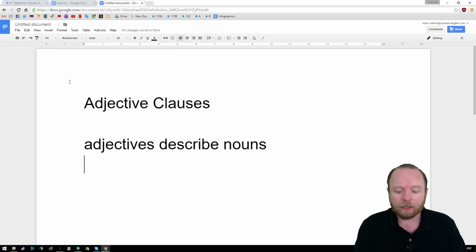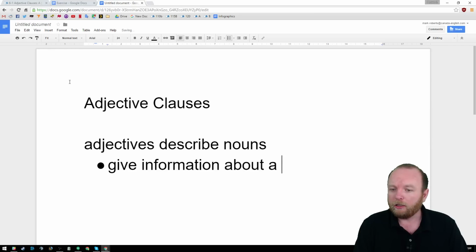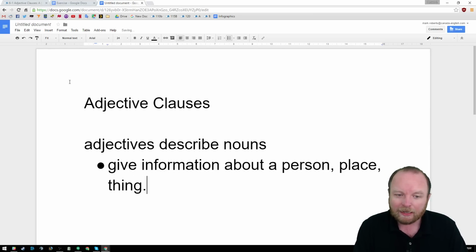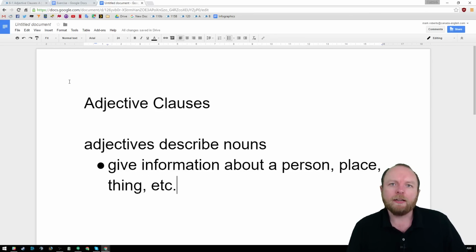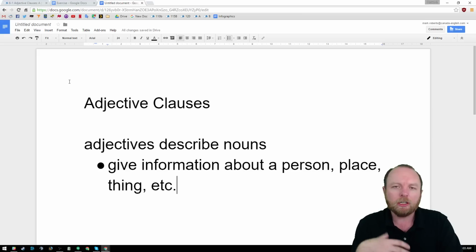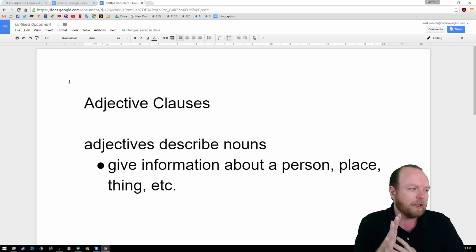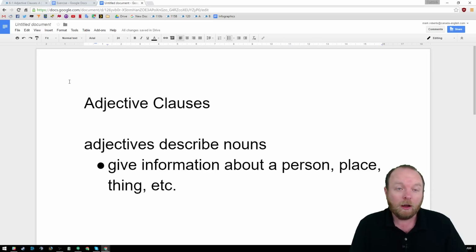They give information about a person or a place or a thing, etc. So you guys probably understand adjectives. You are good students. You go on YouTube, you go on Facebook to learn English. I think you understand what an adjective is. So do we have any ideas about what a clause is?